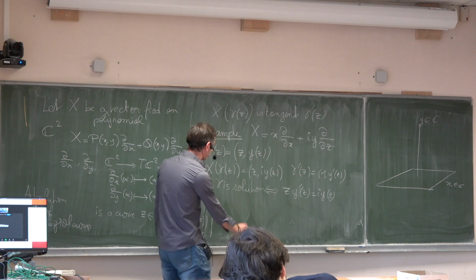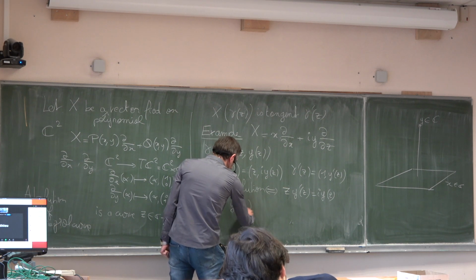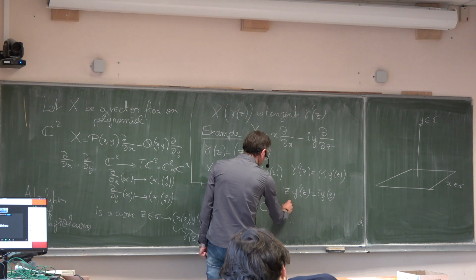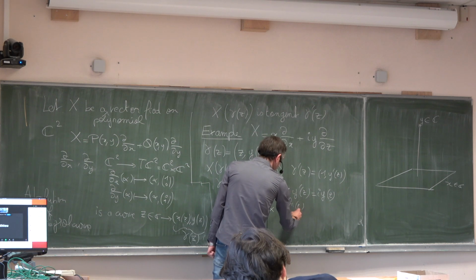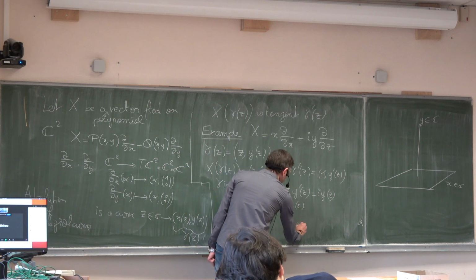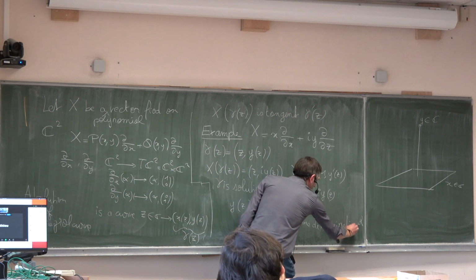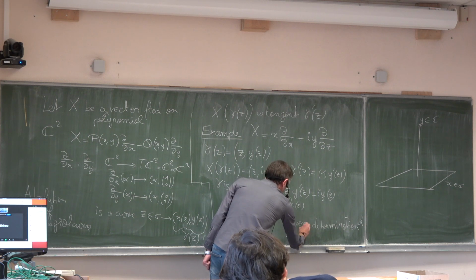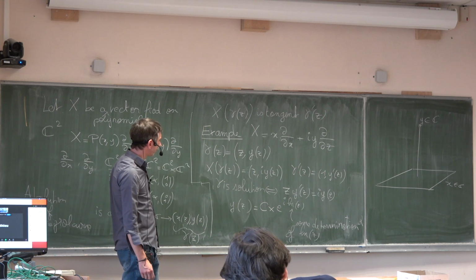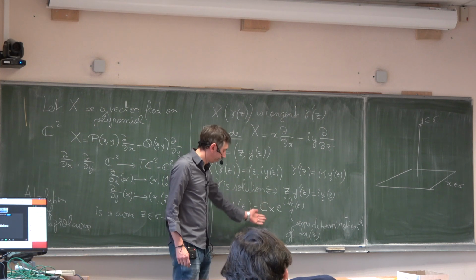Okay, so let's solve this equation. You see this is immediate. You can write locally, the solutions are written this way: a constant times exponential of i log z, where this log z is some determination of the complex logarithm. Okay, and there is some integration constant here.